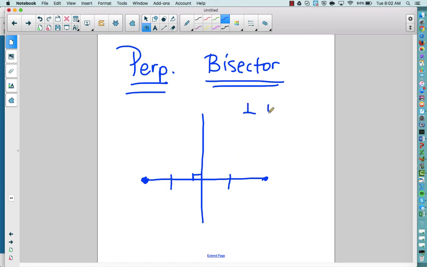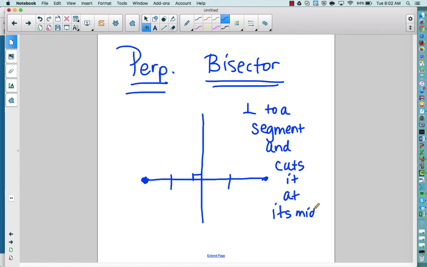So perpendicular to a segment and cuts it at its midpoint, or cuts it into 2 equal parts. So this segment right here is a perpendicular bisector. All right, we're going to be talking about that more in class in the coming weeks.